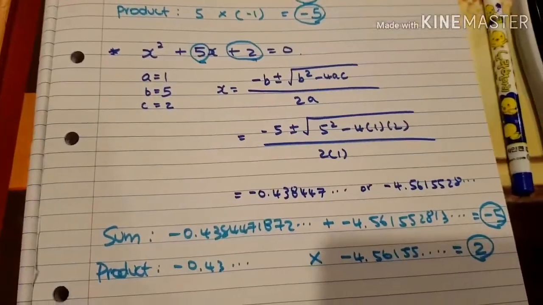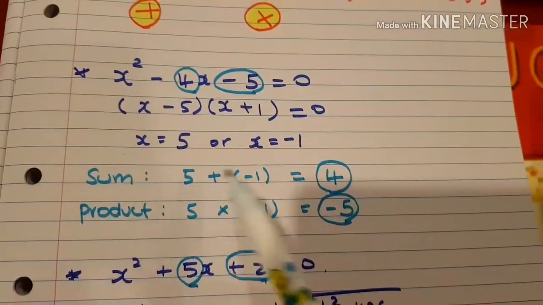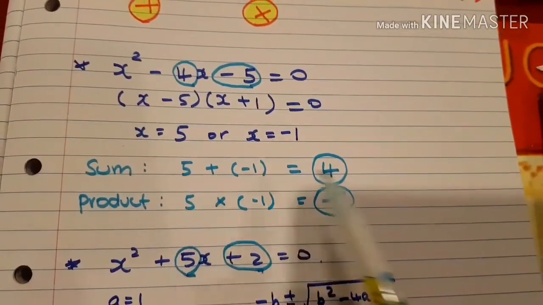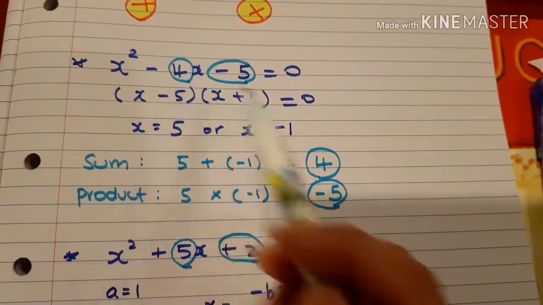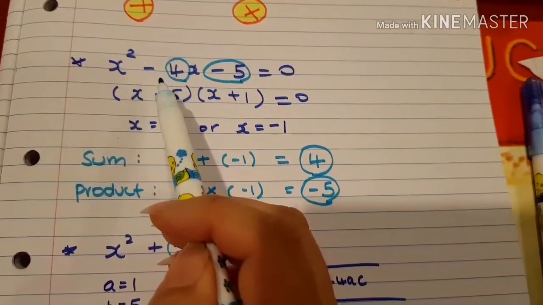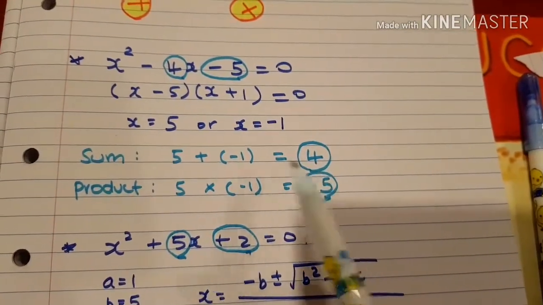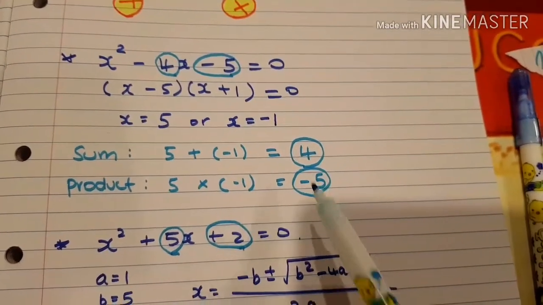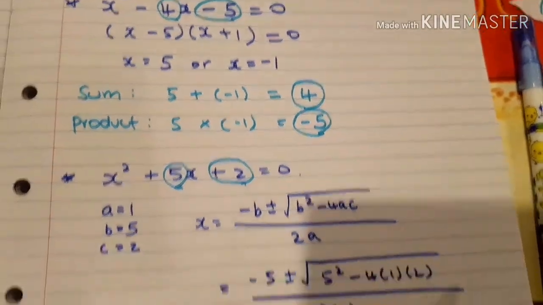So comparing with the question above, if I add the roots, I get the coefficient of x, but in opposite sign, because here it's -4, but I got the answer 4. Whereas if I multiply them, I get exactly the same constant, including the sign.